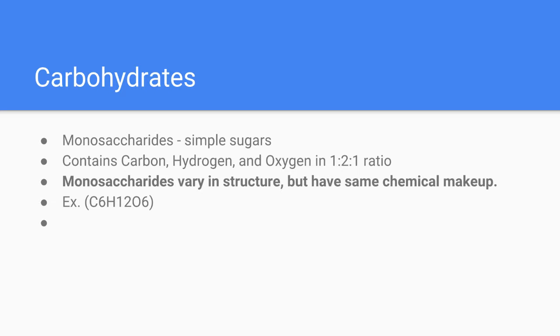Like you see here, C6H12O6, that is glucose. Glucose is one of the most simple sugars we have here on planet Earth. It's used for numerous different things for humans and for other organisms, and it follows this same 1 to 2 to 1 ratio.